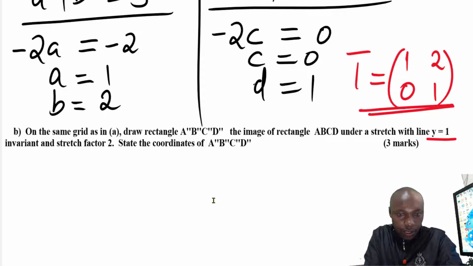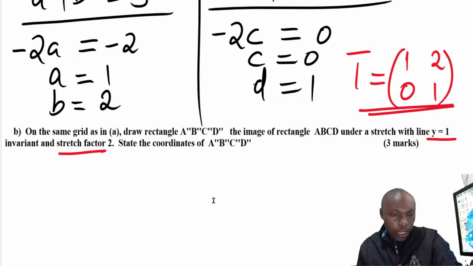So the invariant line is y equals 1, and this one is a stretch with a factor of 2. Now we need to understand a stretch.